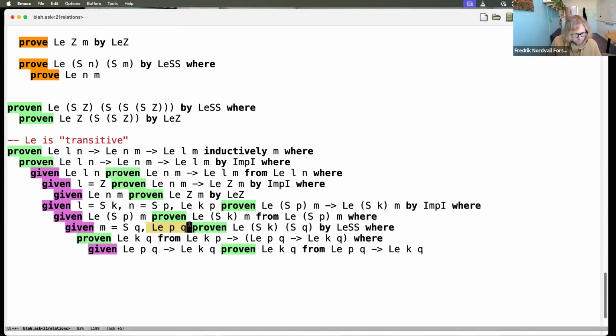Reflexivity is a way of saying there's a way of going nowhere. And transitivity is a way of saying if you can get there in 2 steps, you can get there in 1 step. So it's a way of plugging 2 less than or equals facts together to make 1, but they have to meet in the middle. So yeah, that's going to show up a lot.